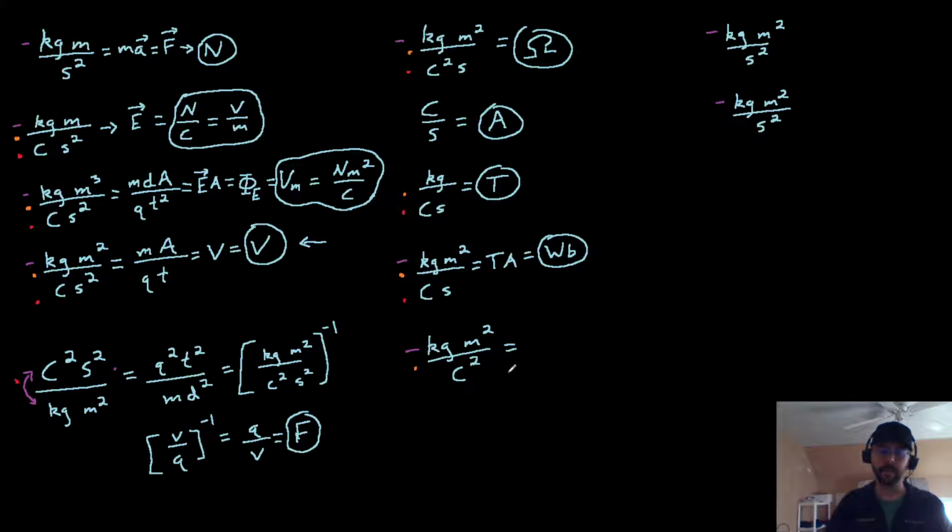Okay, so this next one now, we see that this one is like ohms, but ohms is like this thing per second. And this one I don't remember. I think this is inductance. Yes, it is. So this is a Henry, because this is inductance.